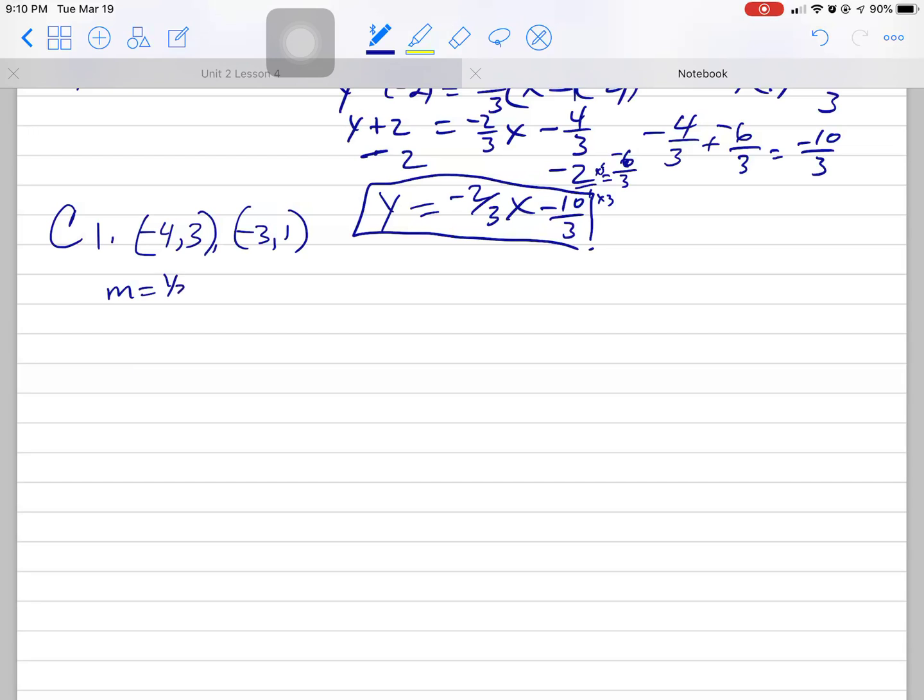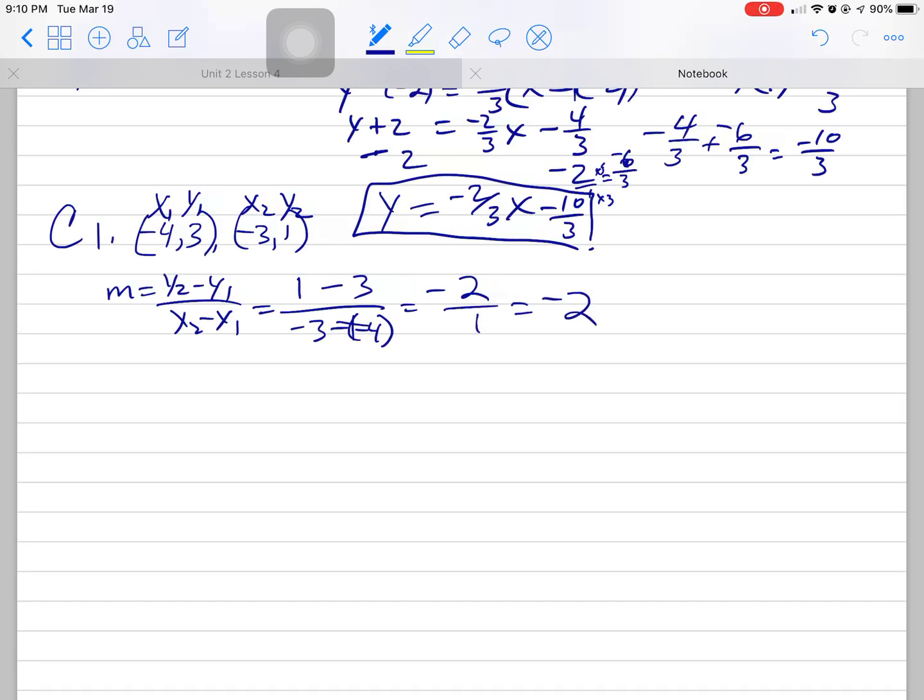So m equals y2 minus y1 over x2 minus x1. I'm going to label this as point 1 and this as point 2. So that is 1 minus 3 over -3 minus -4. -2 over 1 is -2. Let me check. Yep, that's what I had before.